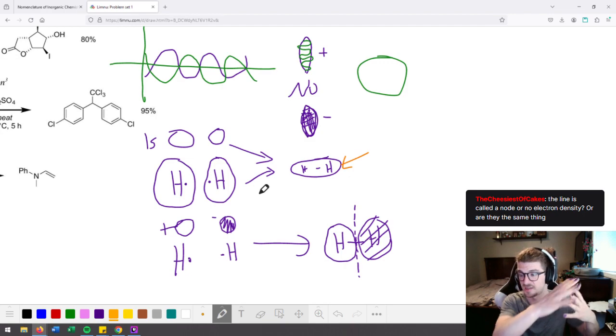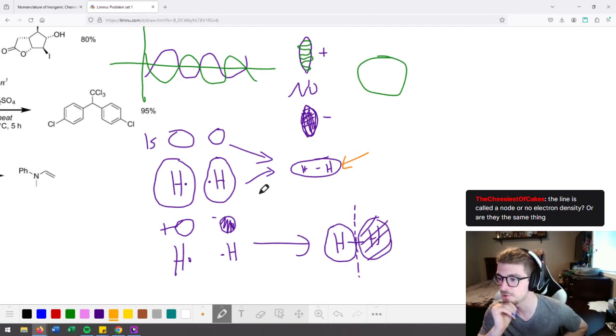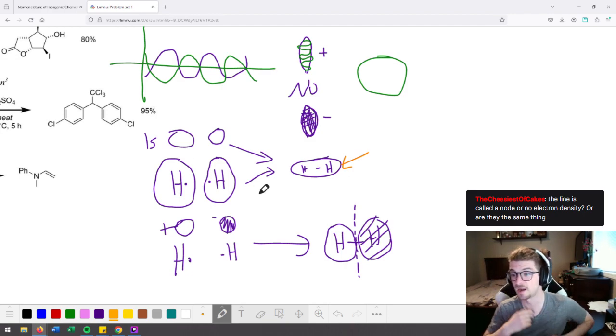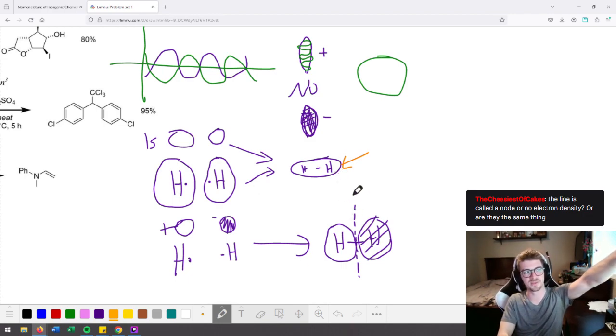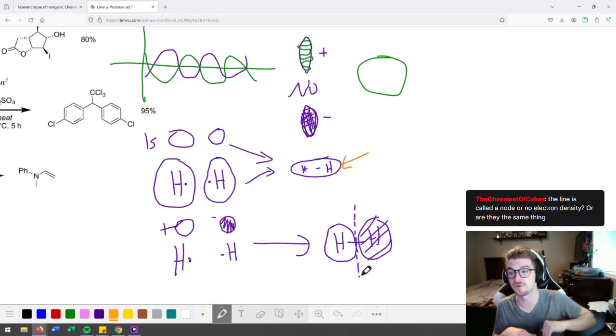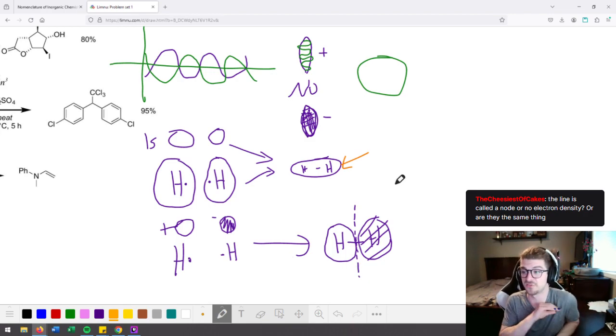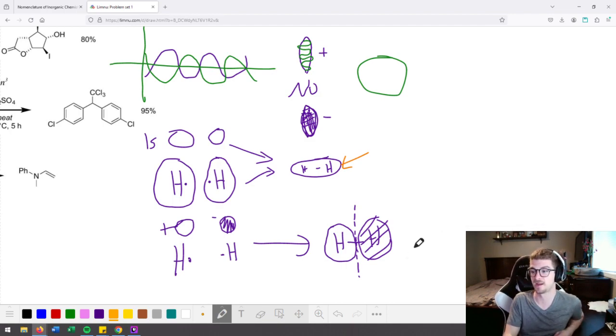Sorry, the line is called a node, or no electron density. This separation between the two phases where there is zero electron density is called a node. A node describes a region of zero electron density.